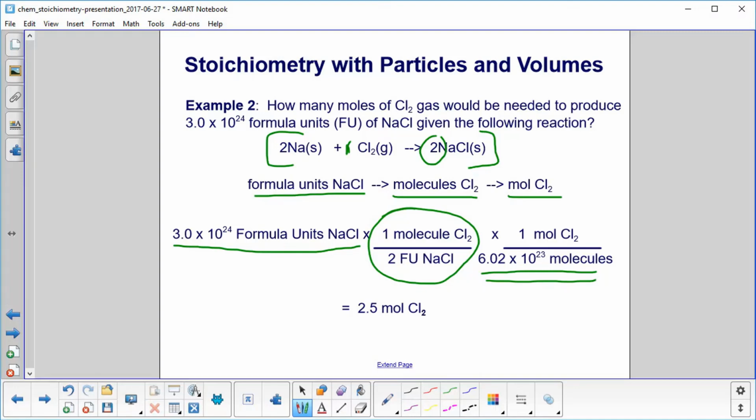So we multiply these together, and the formula units of salt go out like this. The molecules go out like this. And we're left with moles, and let me change color on this just for fun. We're left with the moles of chlorine, okay? So 2.5 moles of chlorine gas.